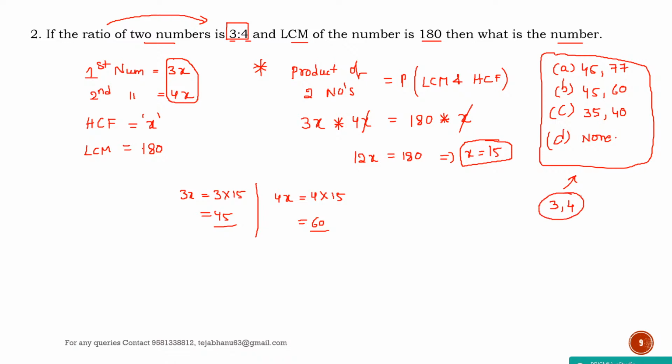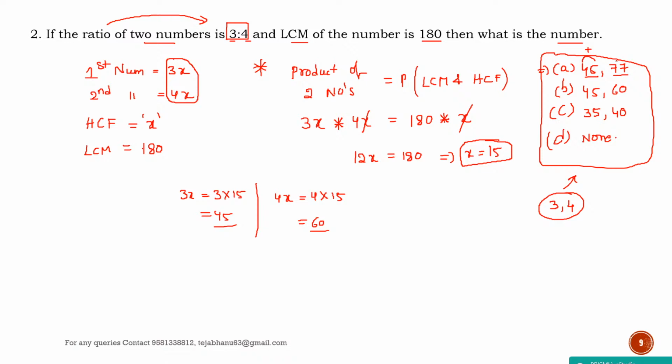Now, come to option A, 45 and 77. 45 is divisible by 3, no doubt about it, because if the sum of the digits in a number is divisible by 3, then the number is divisible by 3. So 5 plus 4 is 9, which is divisible by 3. Then 45 is divisible by 3.